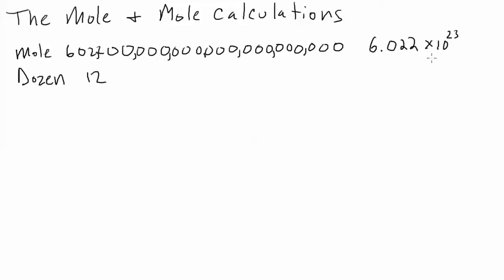And basically what this means is you take 10 and you multiply it by itself 23 times, and you multiply that by 6.022. And basically what that does is it moves this decimal point 23 places to the right, which is the number that I have written out for you over here.